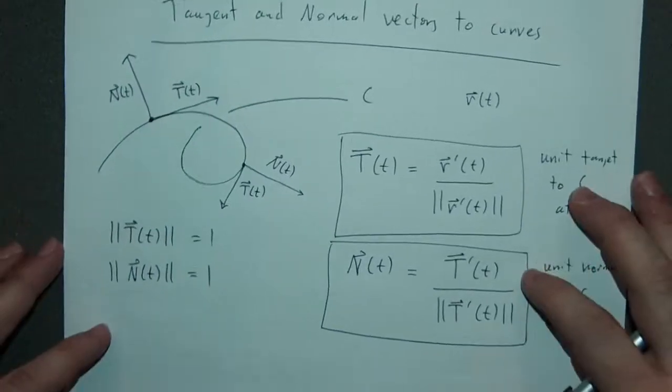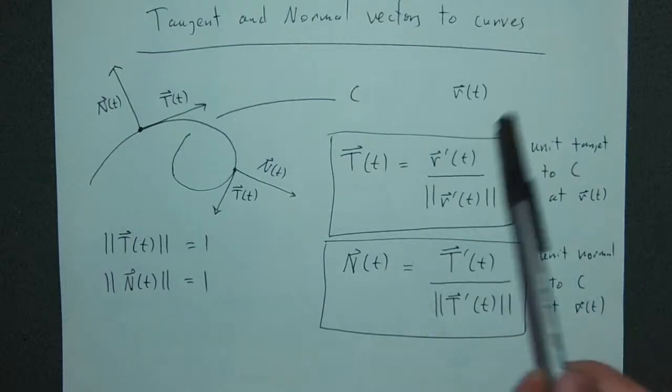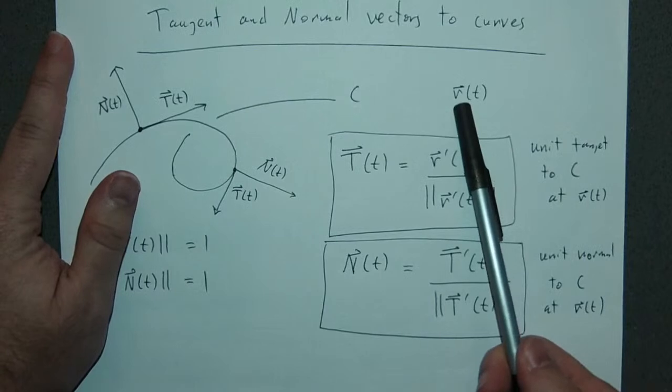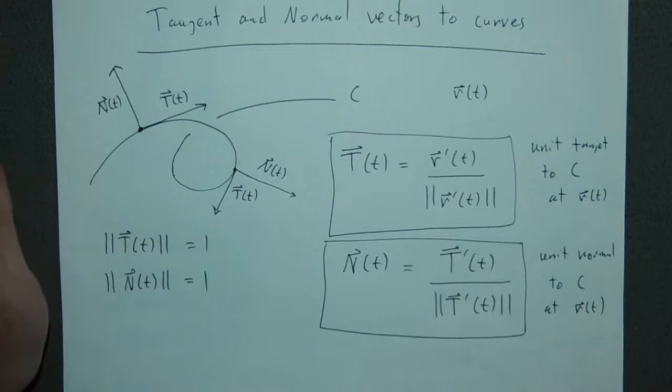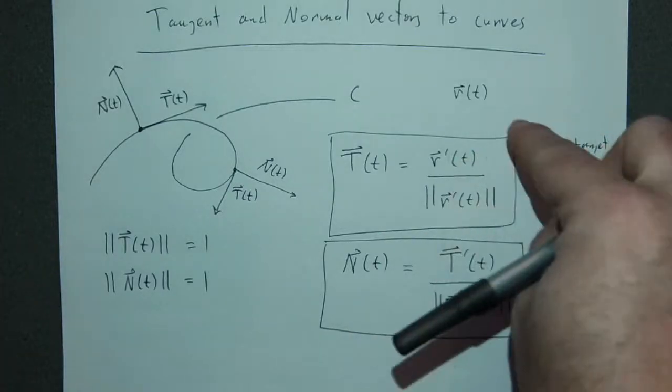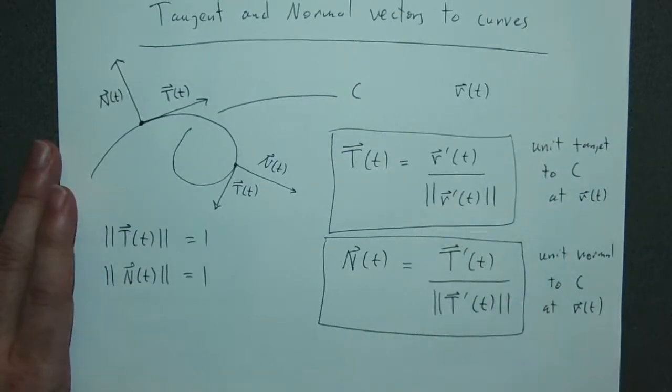And so, going back to the definition that I wrote at the end of lecture last time, if I have a curve in space and it has a smooth parameterization r of t, one of the main things to remember about a smooth parameterization r is that r prime of t is never the 0 vector for any interior points. So if I toss away the endpoints, I don't have to worry about r prime of t ever being the 0 vector, and that's good because I'm dividing by the length of r prime of t here.